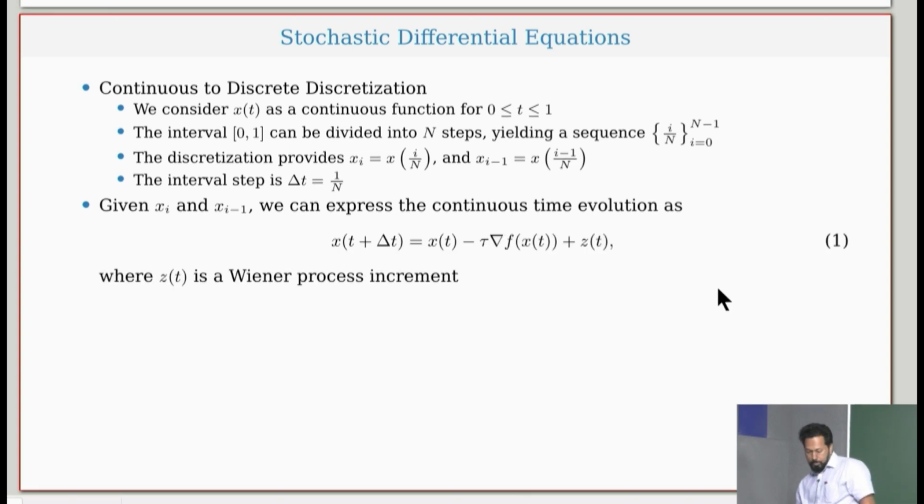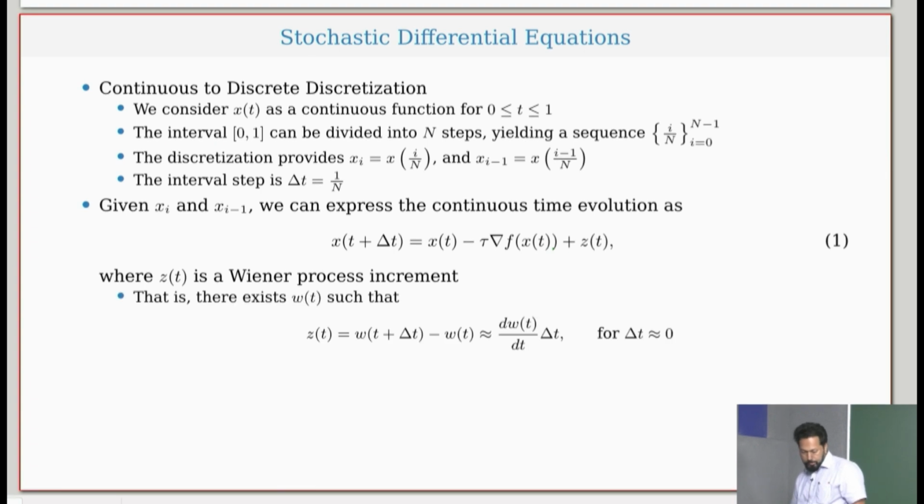Okay. So as you can see from the previous case, we have just this extra term here, which is a Wiener process, but otherwise everything is similar. This is like the SGD update. The Wiener process Zt itself is defined like this.